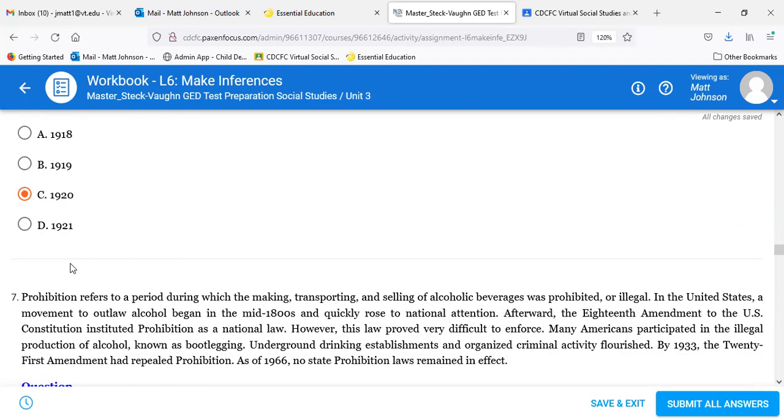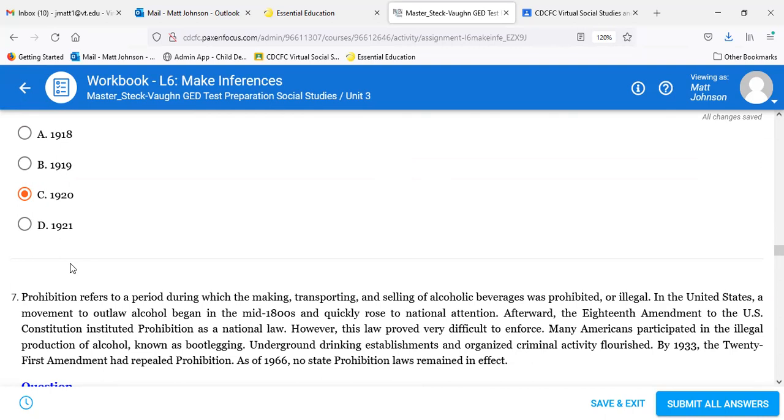All right. Okay, so we have a little more about prohibition here. So prohibition refers to a period during which the making, transporting, and selling of alcoholic beverages were prohibited or illegal. In the United States, a movement to outlaw alcohol began in the mid-1800s and quickly rose to national attention.